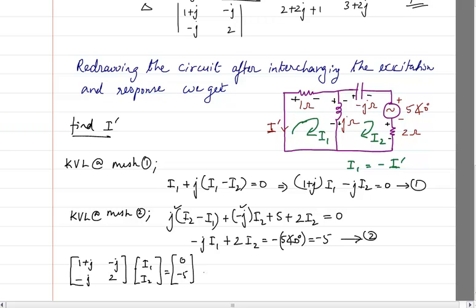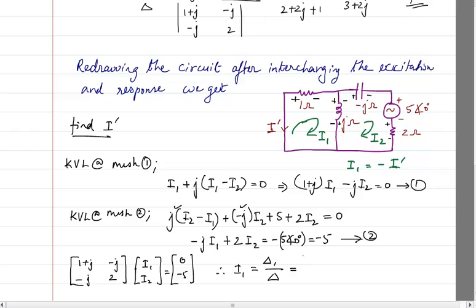Since I have to find I1, I1 is going to be delta 1 divided by delta.